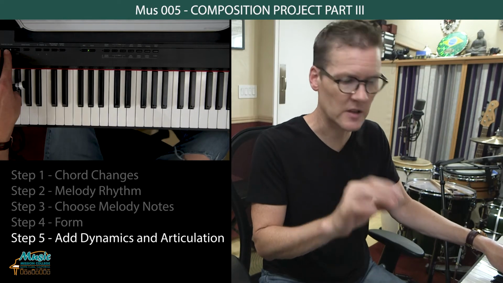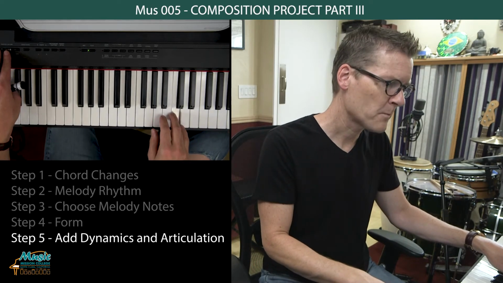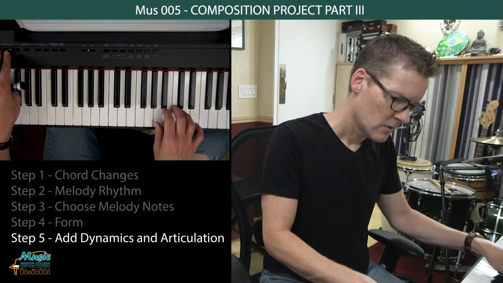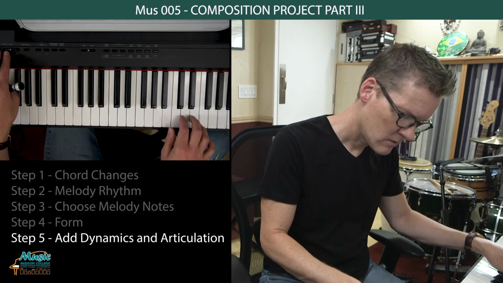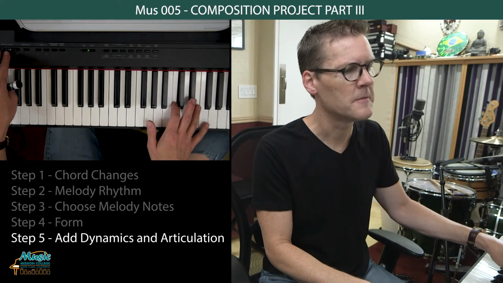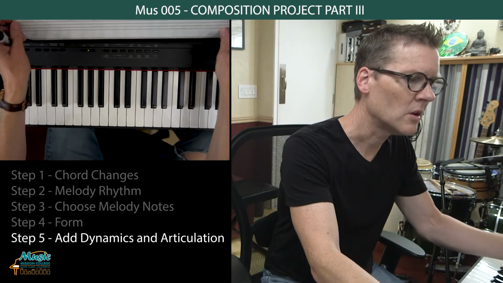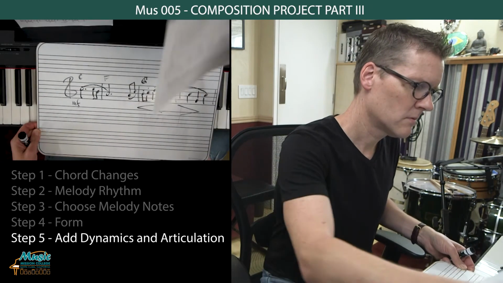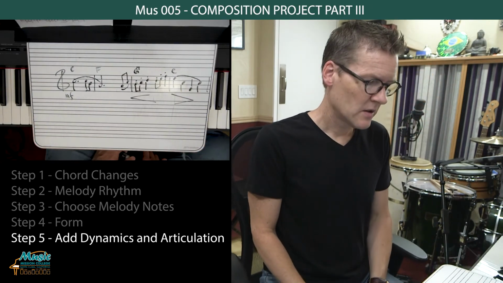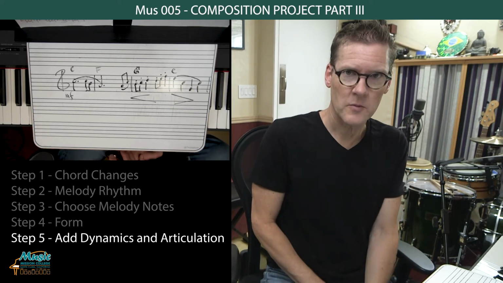The third bar is going to be staccato. Cool. So yeah, I think that adds a lot, you know? So try that out. Put something in there.